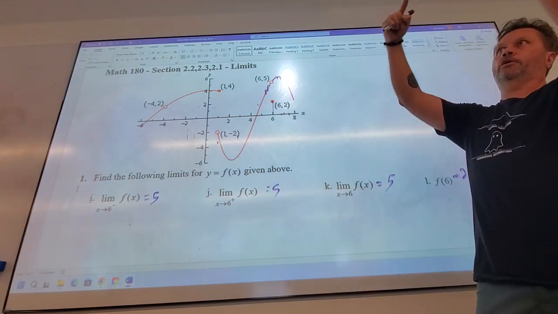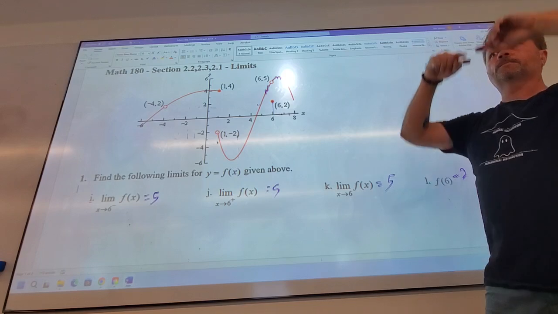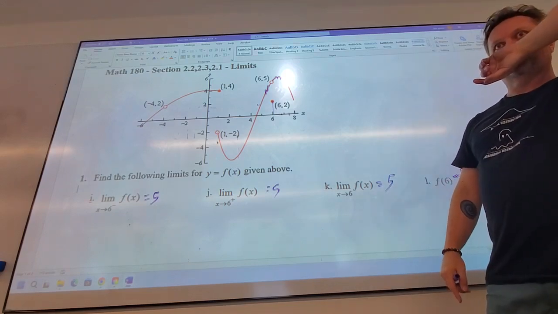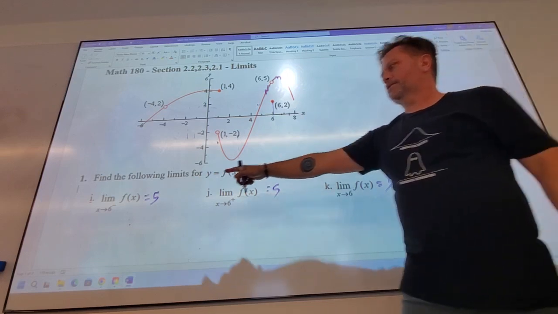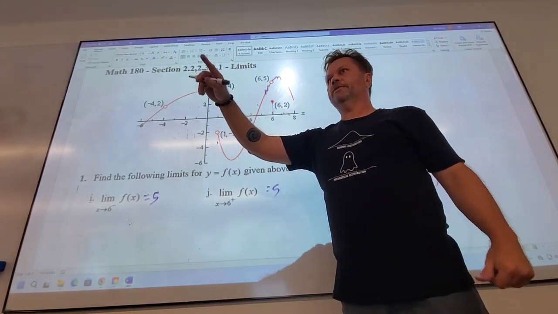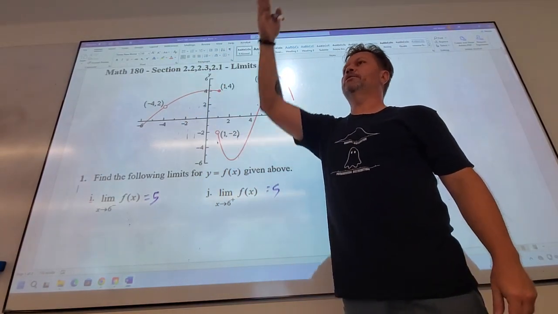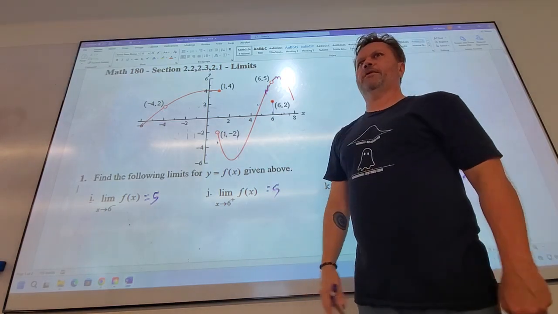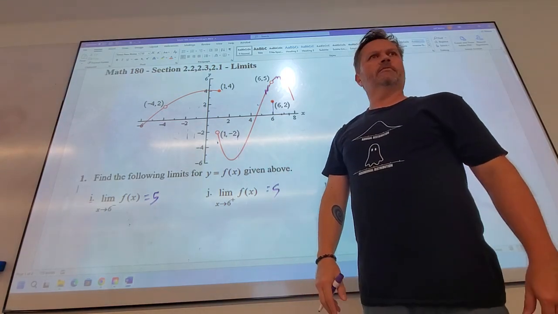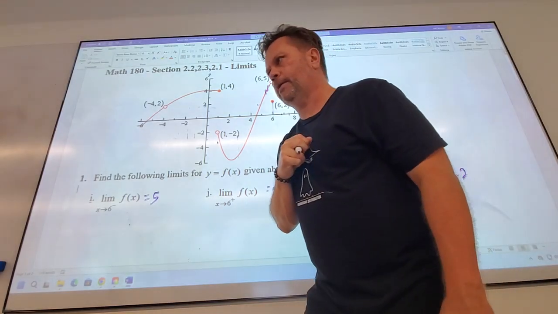So you don't really pay attention to that point that's not even connected at all, because the limit as x goes to 6 never gets to 6. It has no idea what's happening at 6. There could be weird stuff happening at 6 and the limit would have no idea.